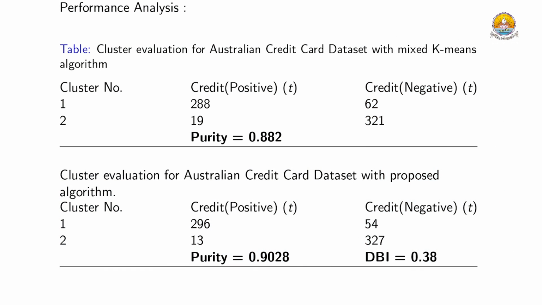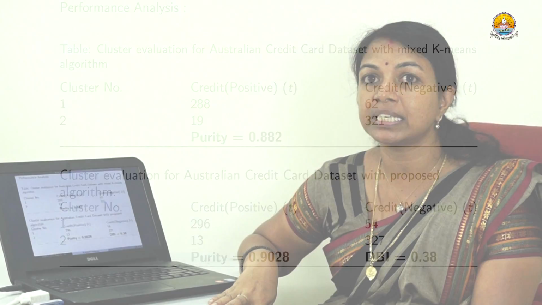But the result which I showed was from the K-means algorithm. When we tried the same Australian credit dataset with the proposed algorithm, we found we are getting a better result. If you have a look, purity is going up to 0.9, which indicates a better clustering as compared to 0.882.